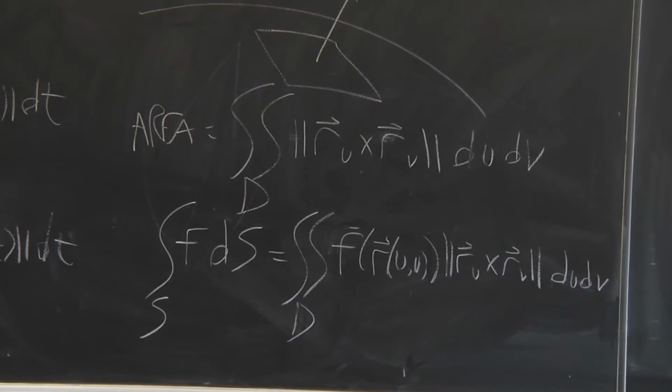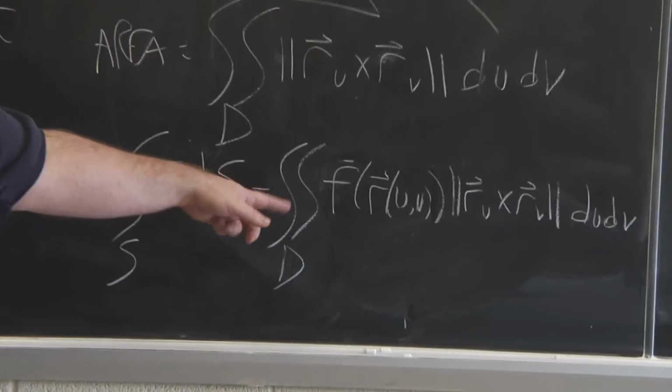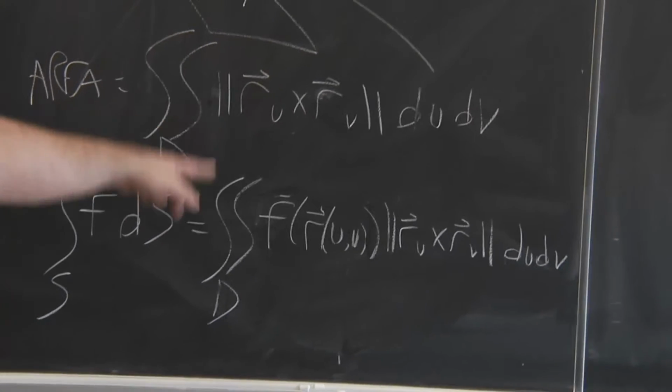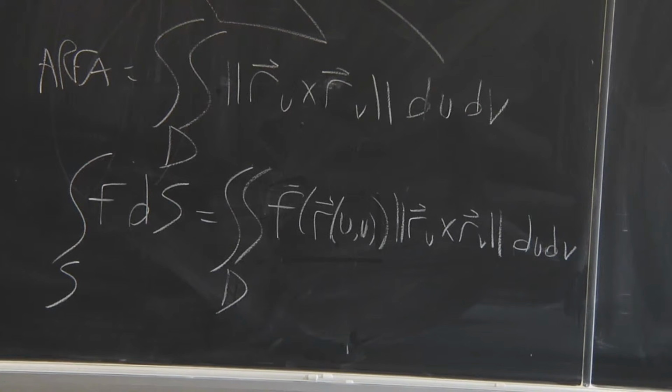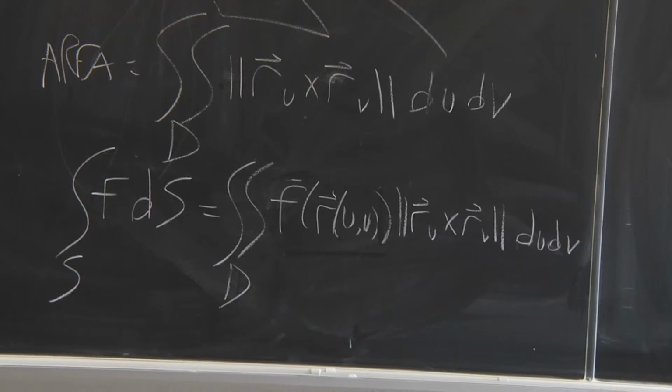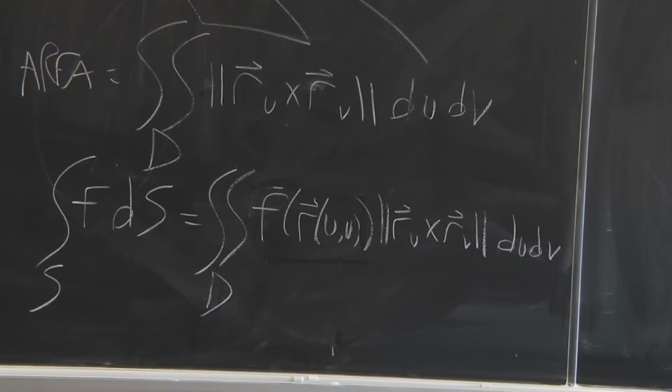So computing an integral of a scalar function over a surface is just like computing the area, but you put your function in here, evaluate it at the parameterization. So that's what you plug in for x, y, and z.